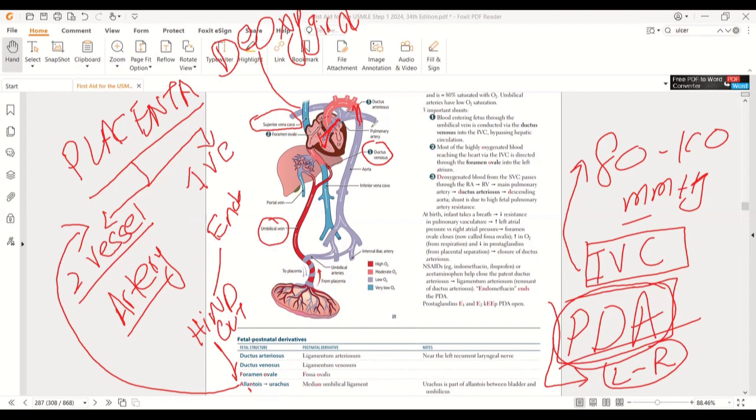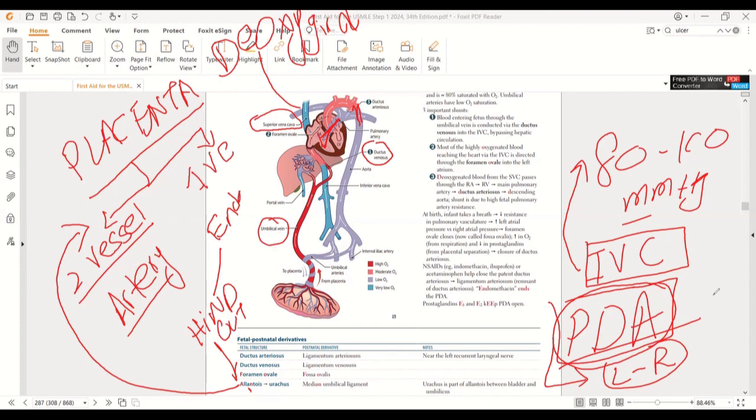With the passage of time, if patent ductus arteriosus is left untreated, it converts into a right to left shunt through Eisenmenger syndrome. Does it make some sense to you? Yes. Okay.